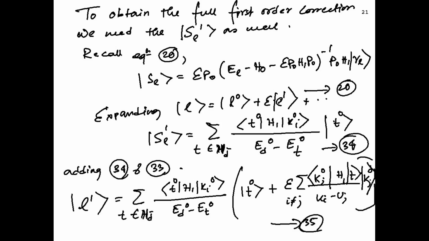So, now recall equation 20. In equation 20 we saw that S_L has this form, so now let us expand the L, with the usual expansion which we used before, as L naught plus epsilon L1, and keep the first order correction. When I do that, it becomes simply equation 34, up to the first order basically.